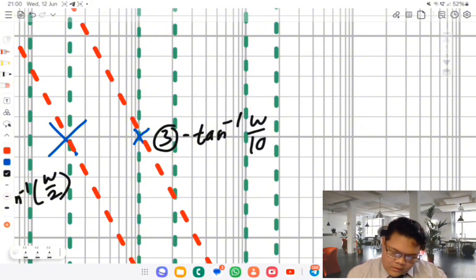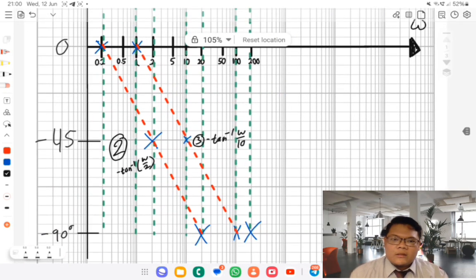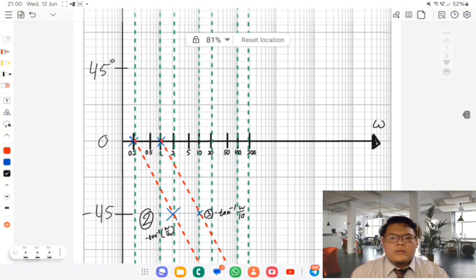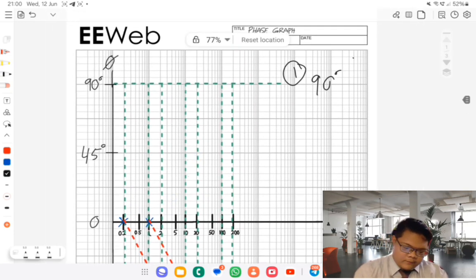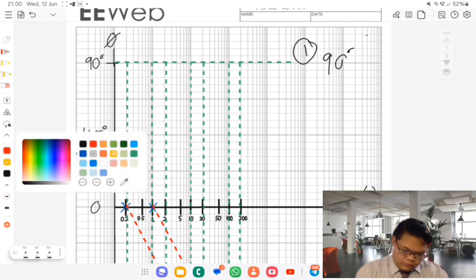So for the next part, we will draw the real graph. The real one starts from the 90 degree. For this, I will go to the color yellow or purple.